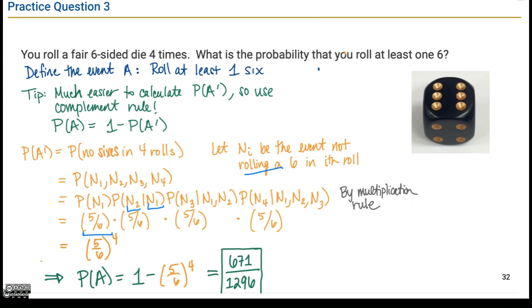Well, it's still 5/6. The die doesn't know what I got before or after. So I still get 5/6, 5/6, 5/6. I get (5/6) to the 4th. And then I'm going to take 1 minus that, because that was the probability of my complement. So this is a classic example of one where it's much easier to do the complement.